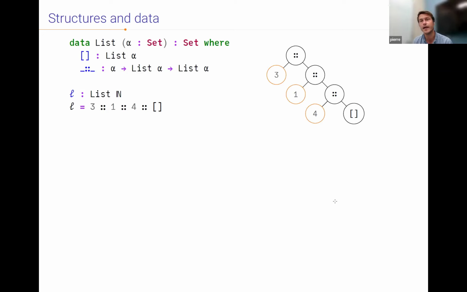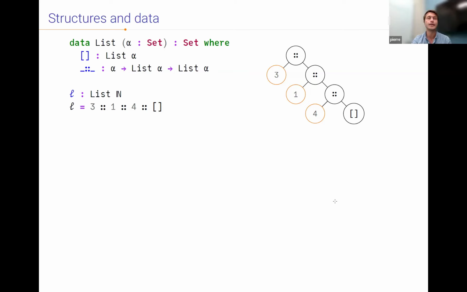And I can decompose that tree in two parts, the black part and the orange part. You see that the black part is made out of the internal nodes, which correspond to the constructors of lists. And the orange part are the leaves. And at the leaves, we find the data that I inputted in my list. So this is very standard. A lot of people have this mental picture when they are thinking of a list. And we can do that for many data types.